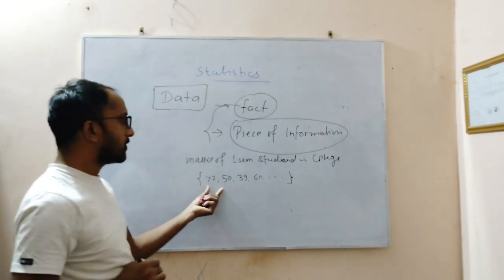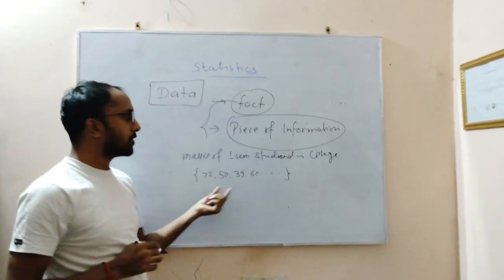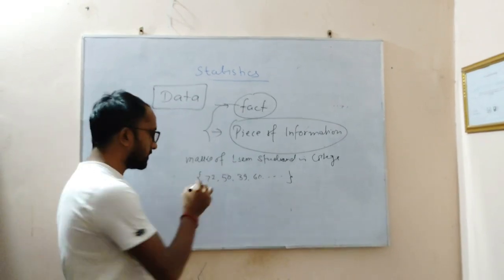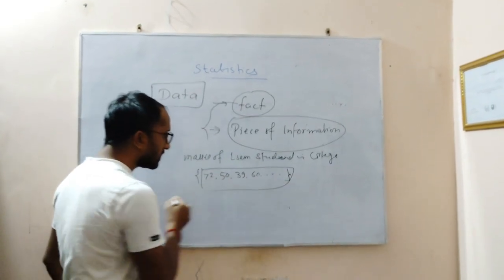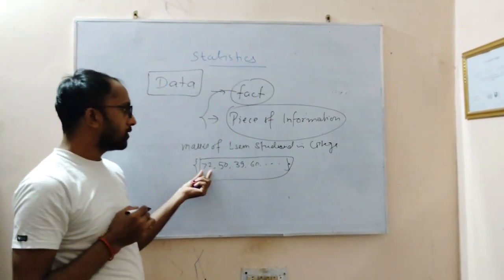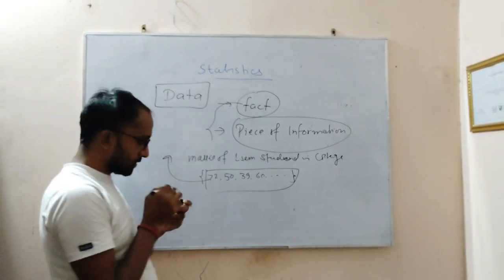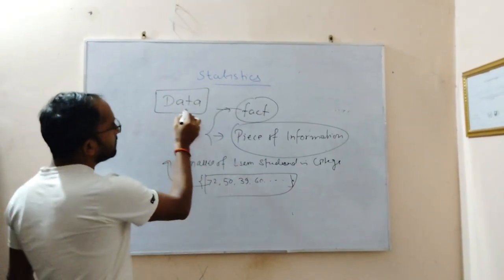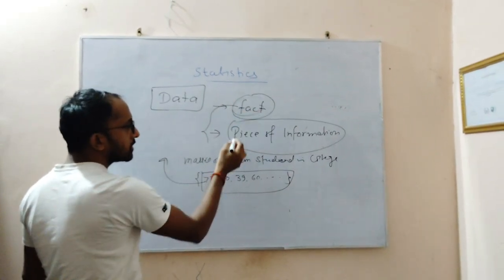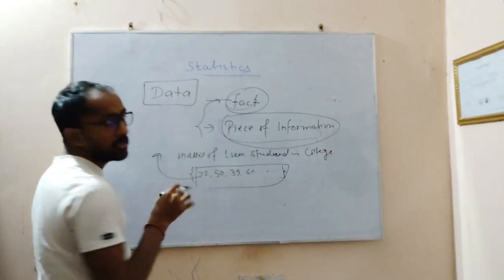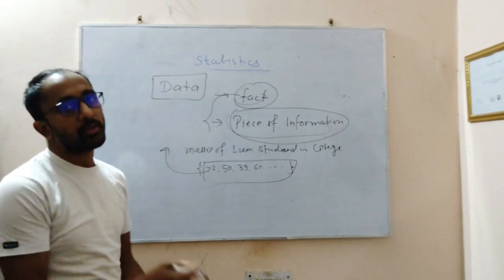It is the fact, it is the data, it gives some information. It is in numerical form and can be measured. So data means a fact or piece of information that can be measured in numerical form.